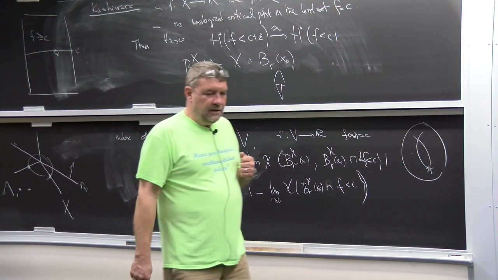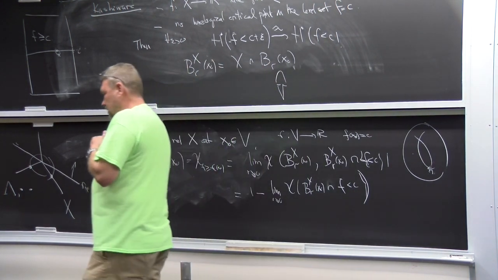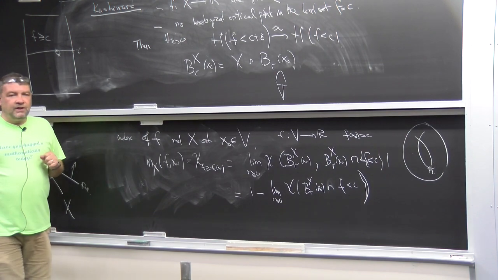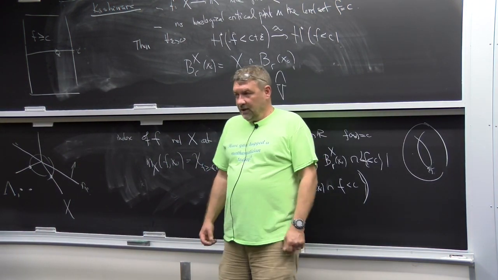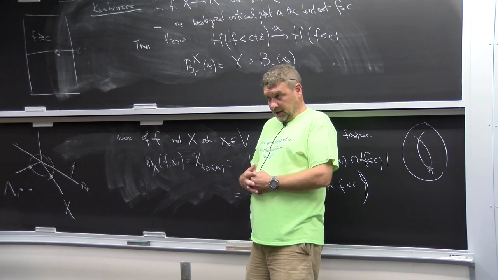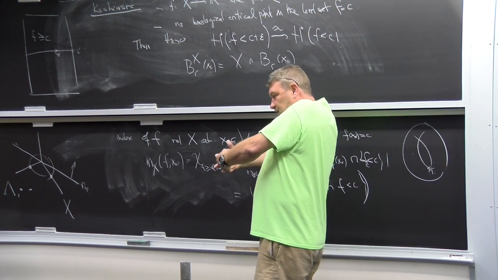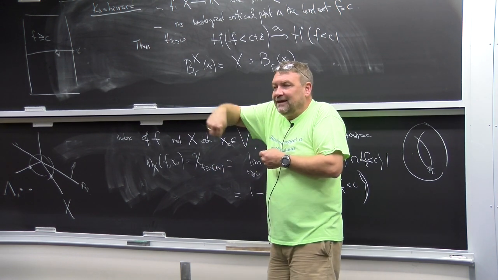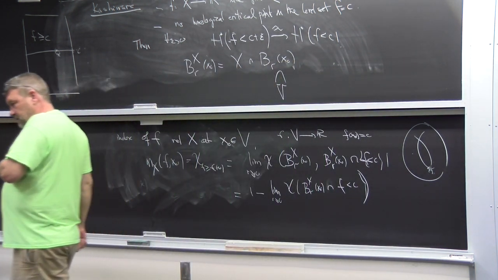I like to think of this as the lower energy horizon. You sit on the level of energy c at a point x, and you look infinitesimally at points of lower energy. So you get the lower energy link of the singularity in there.